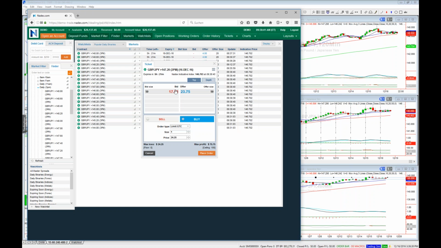In the end, picking the right binary contracts is always an act of balancing. You have to balance the probability that something will be in the money or out of the money at the time of expiry, and the potential reward to risk ratio.